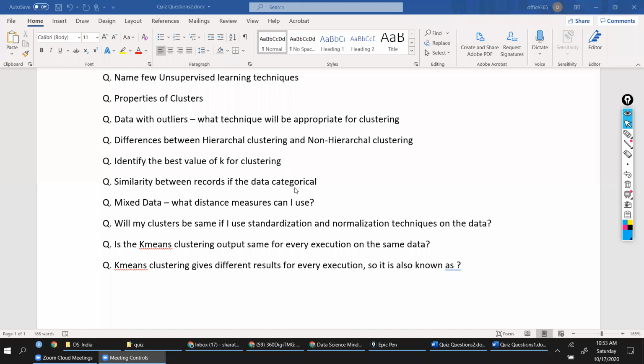Non-deterministic. It is also known as non-deterministic clustering technique, because the final result is not same. Non-deterministic, remember that.